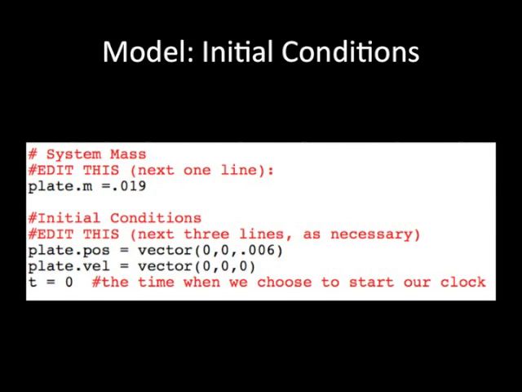In order to create the computational model assuming the weight force equaled the net force, I started by assigning initial conditions. I looked online to find the average mass of a paper plate, which was 19 grams. The plate's initial position was derived from Tracker, and the initial velocity was 0 because the system started at rest.